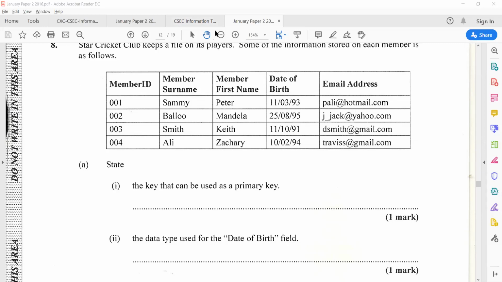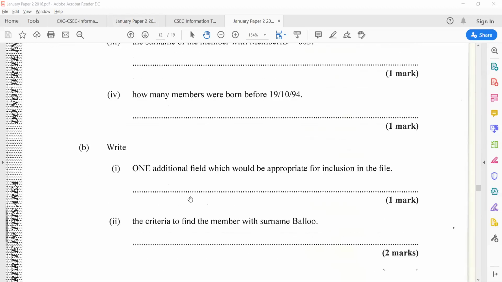Yes, so telephone number would be an appropriate field to have, and also maybe address, right? So their location address.